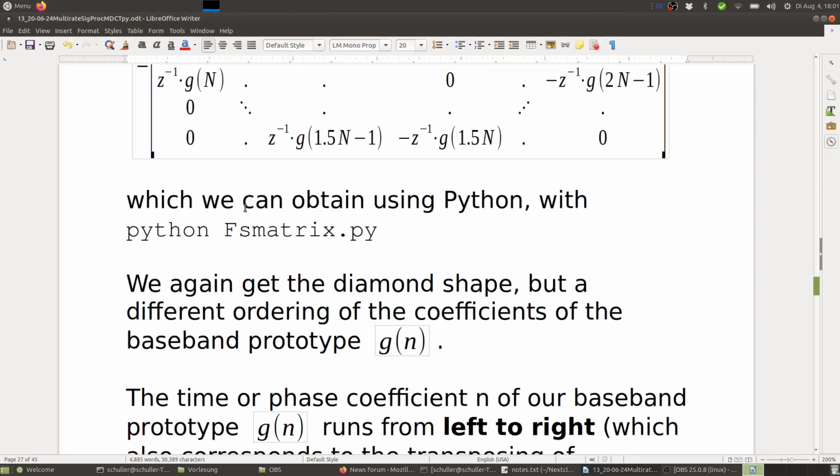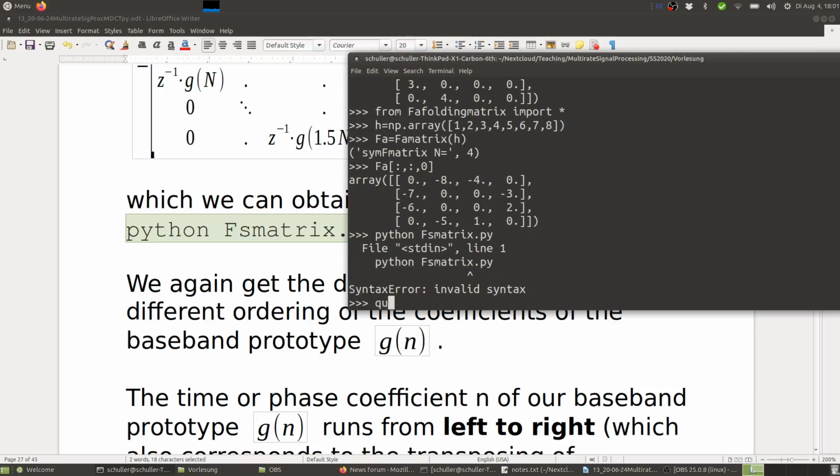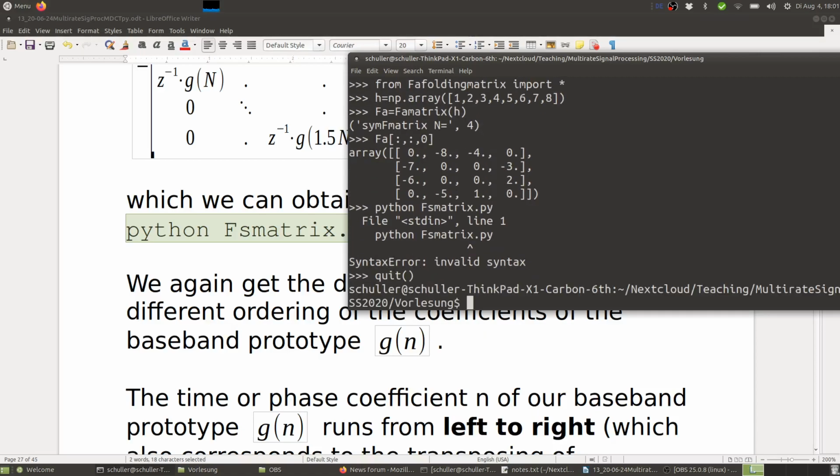So we can now obtain it using Python, the Fs matrix. So there's also this function here which we can try. Oh, of course I need to quit first, going back into the terminal, and paste it.